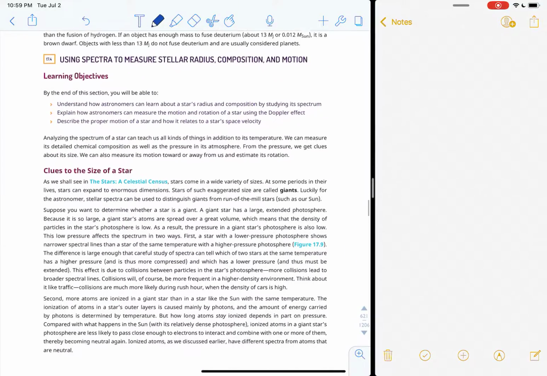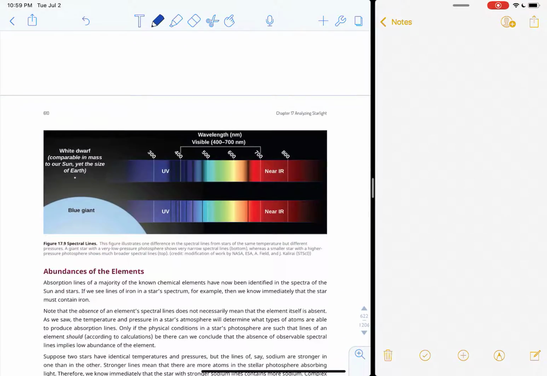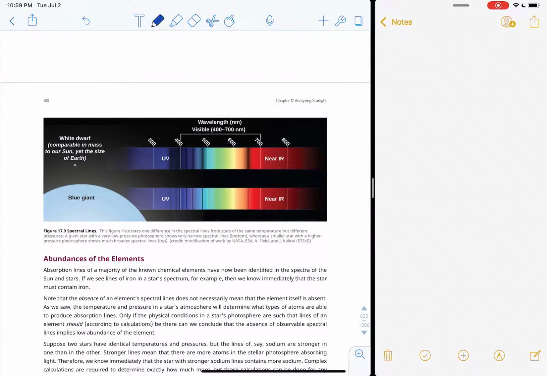Okay, so we can determine the size of a star. We can determine all kinds of stuff from looking at the spectral lines. So if you remember emission lines versus absorption lines, this would be an absorption spectrum of the light coming from, let's say, a white dwarf. Notice that the absorption bands, these vertical missing pieces taken out of the spectrum, are very wide. They're not very narrow.